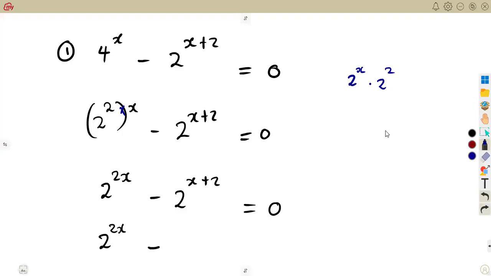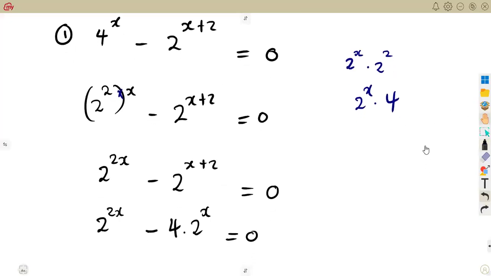So this can be separated that way. There's a 2 to the exponent of 2 there, so that is a 4. So it's 2 to the exponent of x times 4, which is the same as 4 times 2 to the exponent of x. That's equal to 0.